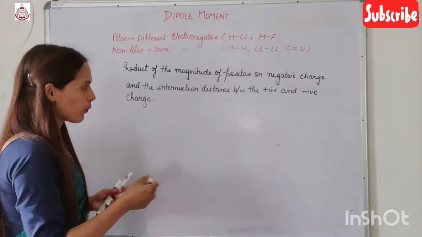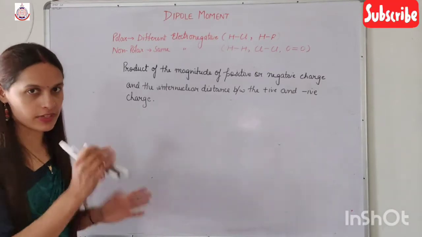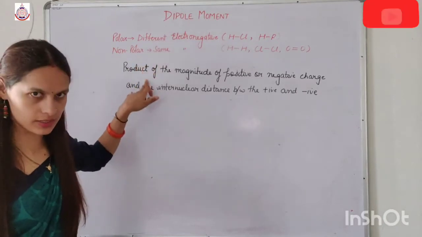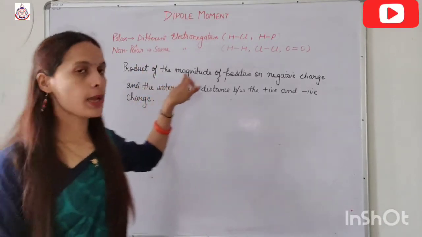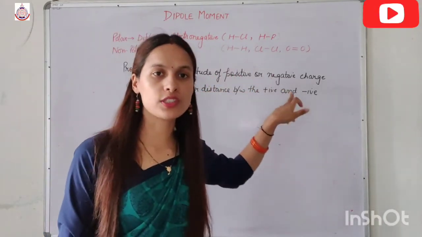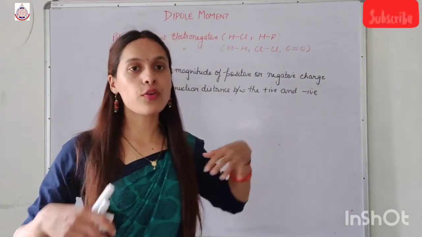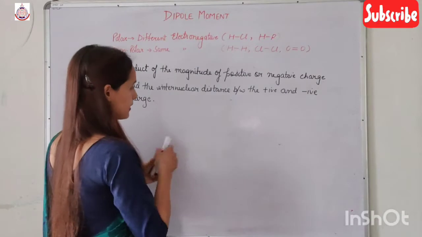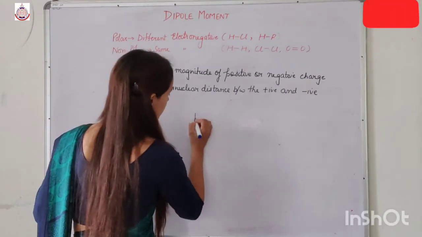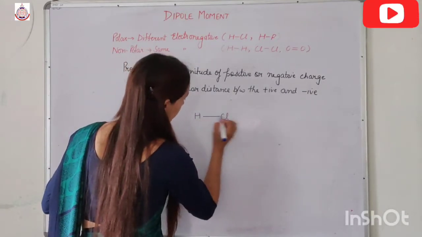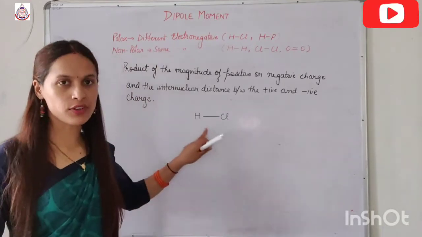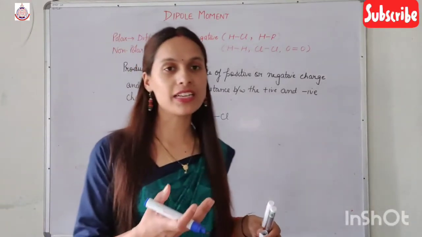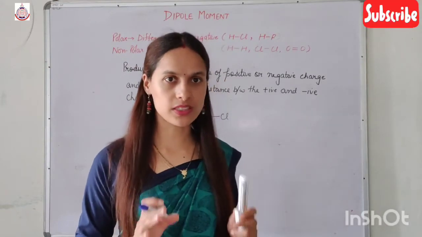Now, what's the meaning of the definition of dipole moment? It is the product of the magnitude of positive or negative charge. Now, from where will this negative and positive charge come? Let us consider HCl. In HCl, both have different electronegativity, as a result of which chlorine attracts the shared pair of electrons towards itself.